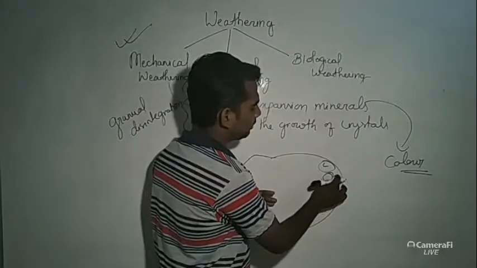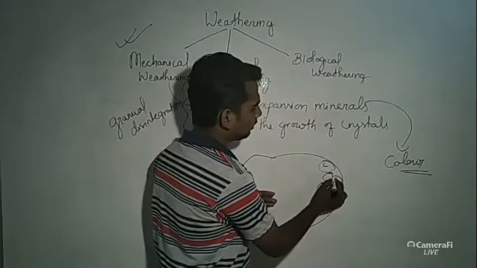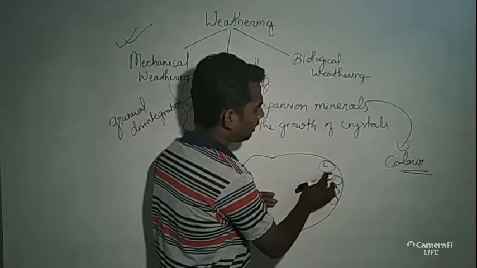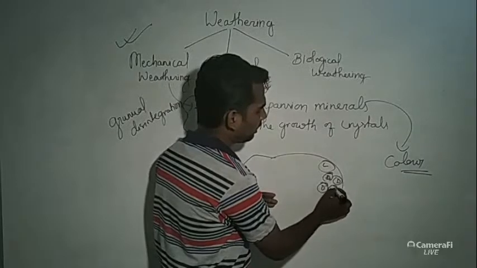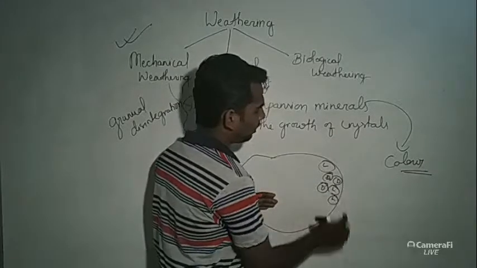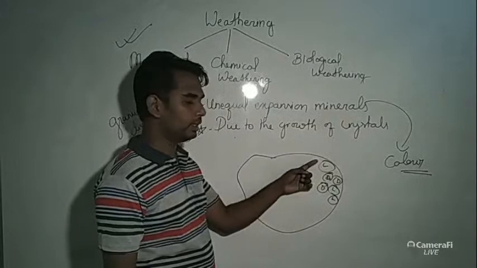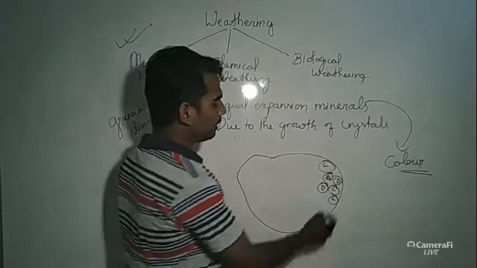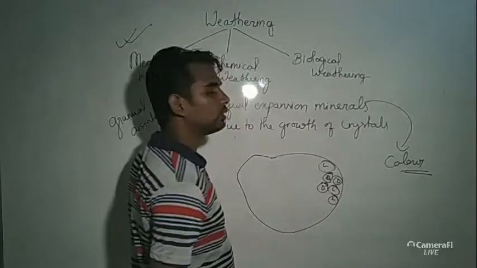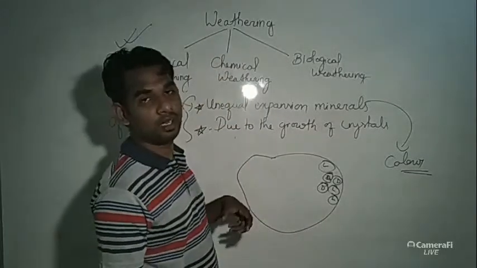I am writing L for the light colored elements, D for the dark colored elements. These dark colored elements trap the heat.